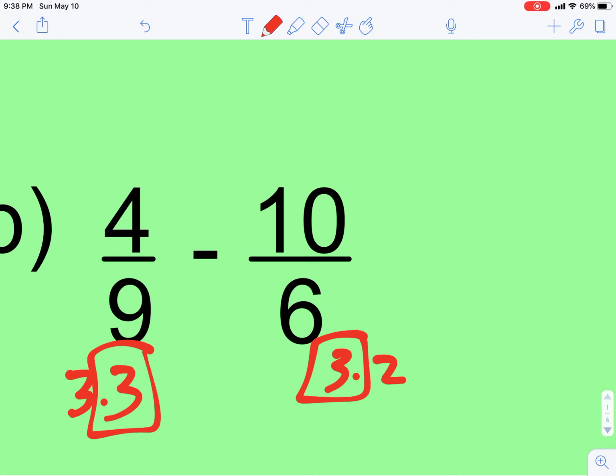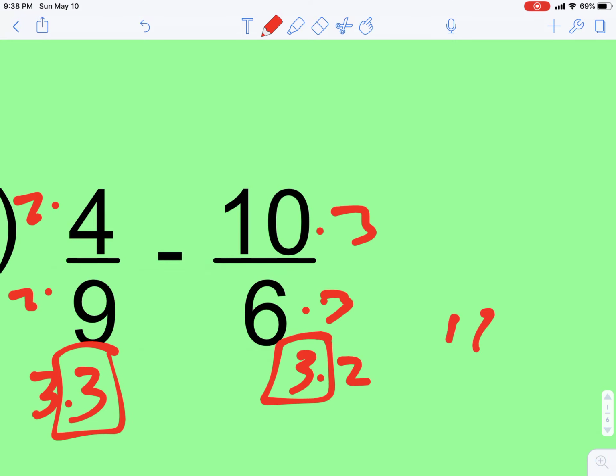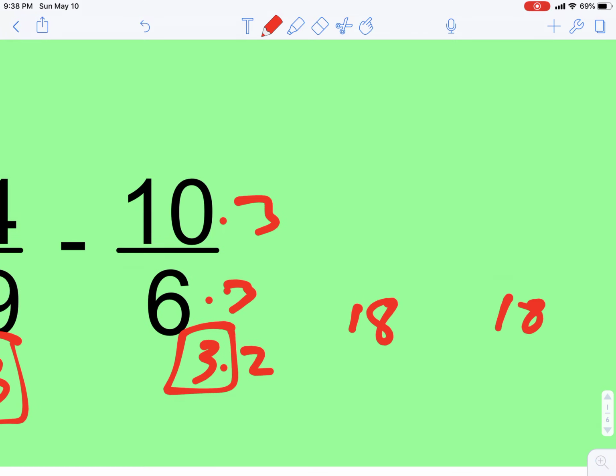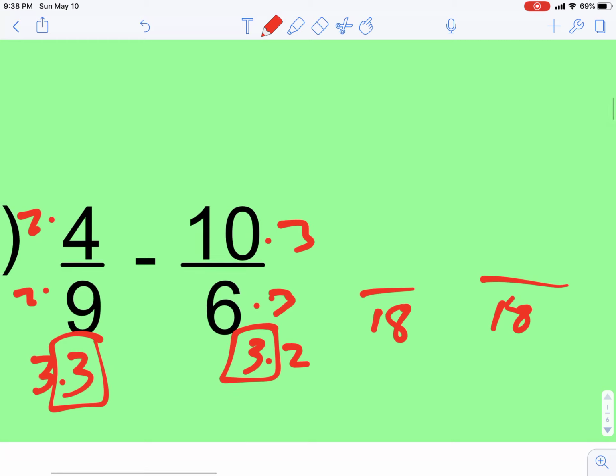This is missing a factor of 2. And then this is missing a factor of 3. So then what we're doing is we're making it out of 18ths rather than making it out of 54, multiplying 9 and 6 together. So we have 8 18ths and subtracting 30 18ths.